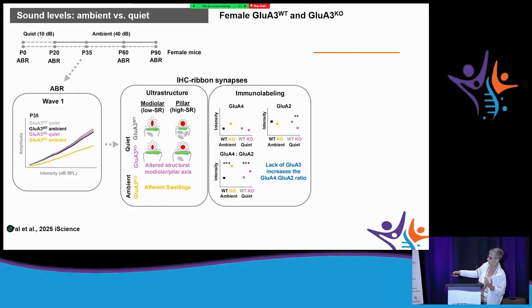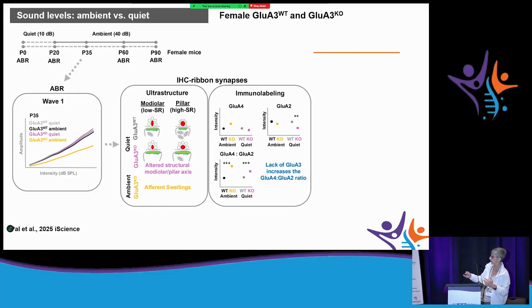And you can see that by maintaining in the quiet, we reverse the wave 1 amplitude much, which was very nice. And structurally, there are structural differences, but they don't have the swellings. And they also have an increase in the GLUA4 to GLUA2 ratio, but it's much stronger in the ambient than in the quiet.